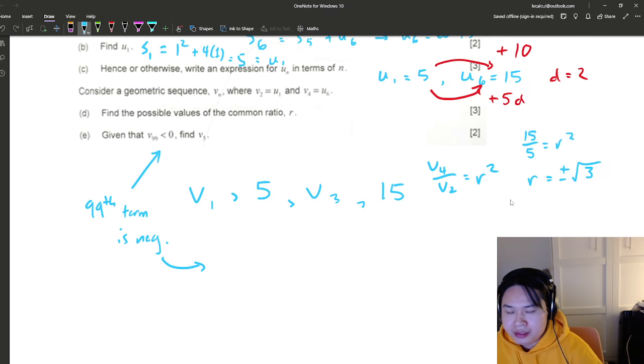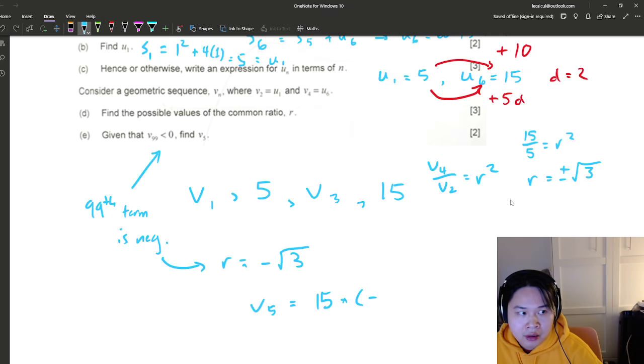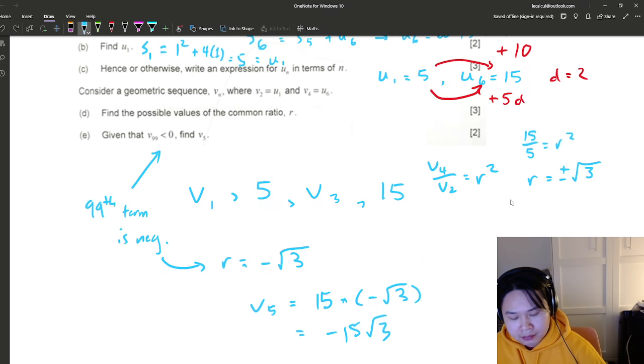So the only way that you can get a negative term is if your ratio was the negative one, because if it's positive root 3, then all of your numbers would be positive. So this just tells you that r is negative root 3. So then that means that V5 is going to be V4, which is 15, times r, which now we know is the negative root 3. So this is just negative 15 root 3.